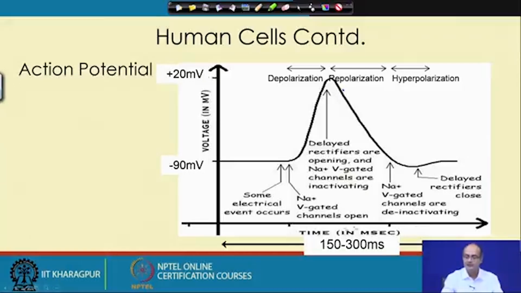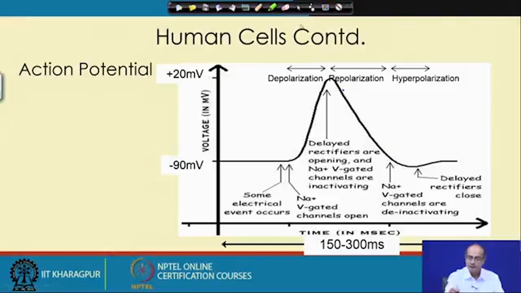As the nerve signals along its length, the current flows from inside the body through the cytoplasm and outside the body through the interstitial fluid, and that is how the signal flows from one point to the other along the length of the nerve.